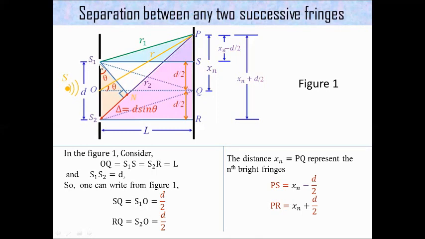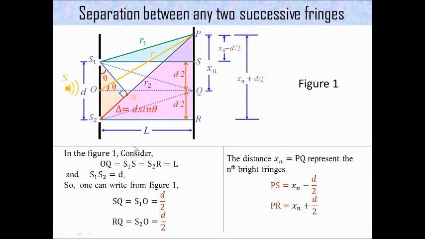The width of the slits S1 and S2 is comparable to the wavelength of light. PR is a screen placed parallel to the slits S1 and S2 for observing the interference pattern. L is the distance between the source and the screen.